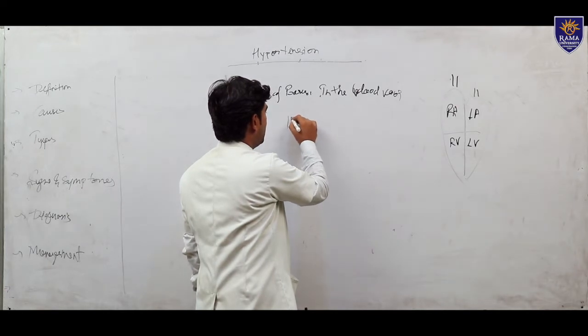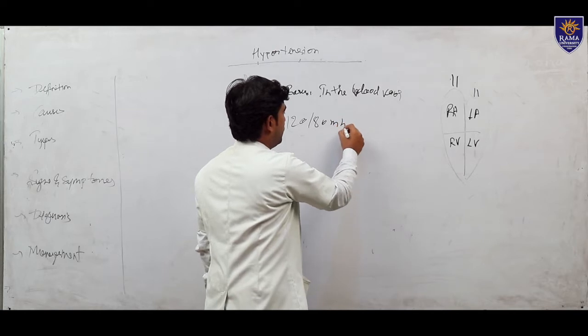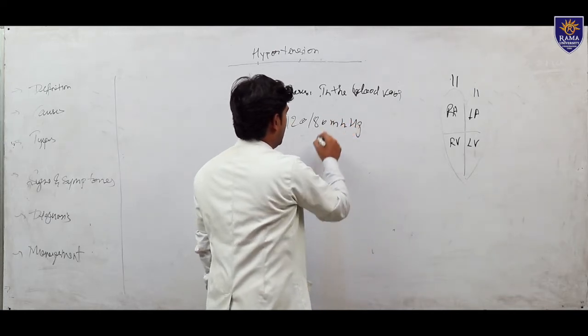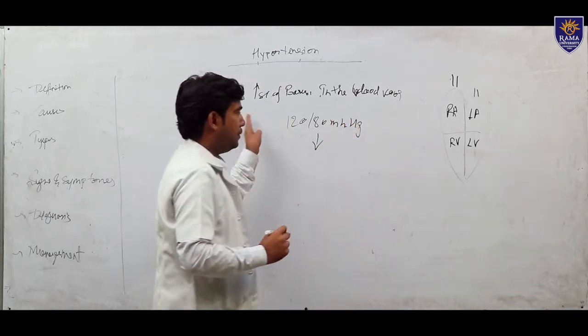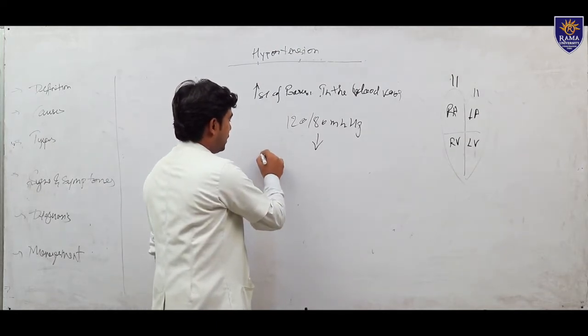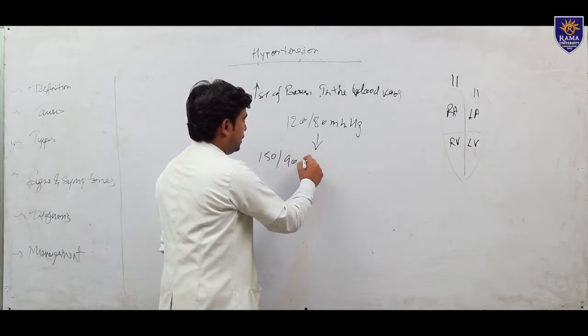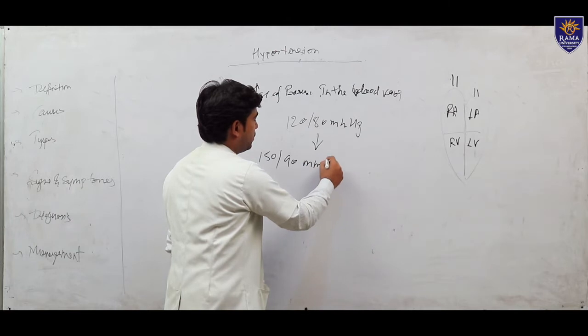The normal blood pressure is 120 by 80 mm Hg. But if there is elevation, then the pressure is increased up to 150 by 90 mm Hg.